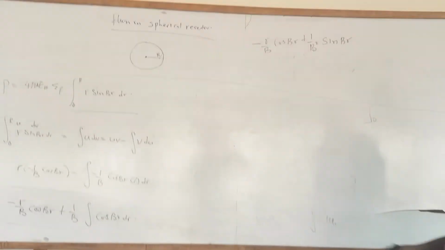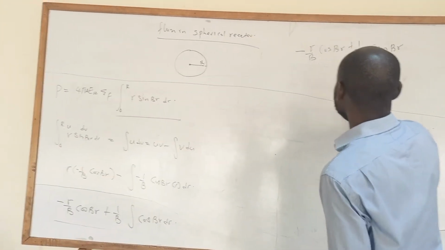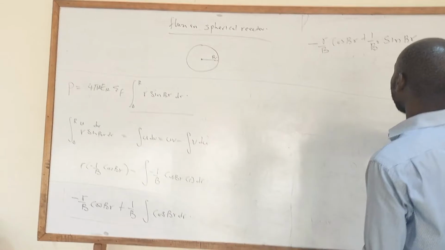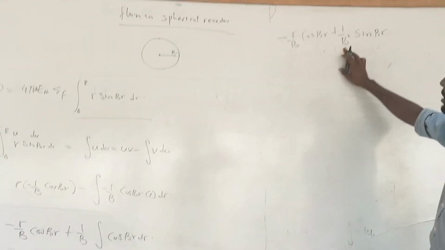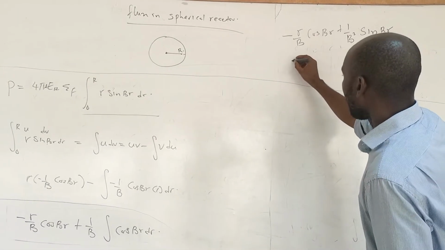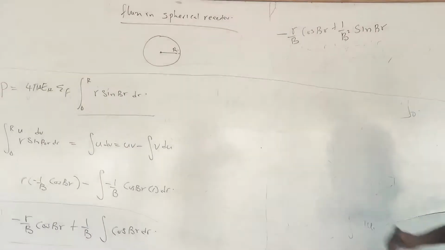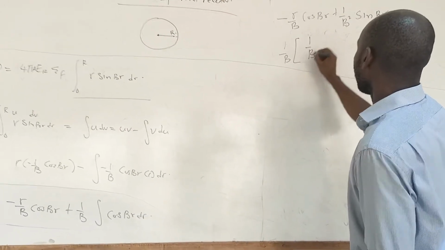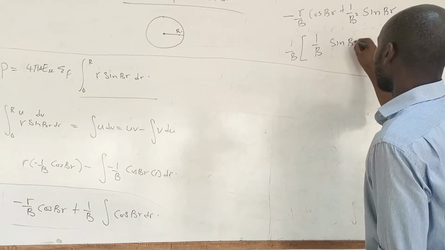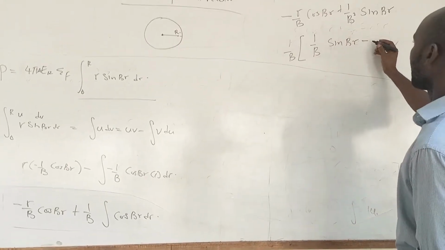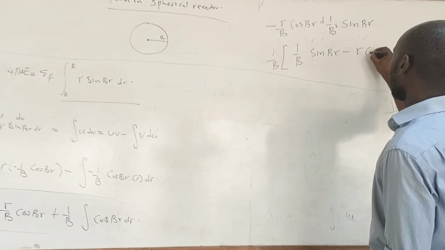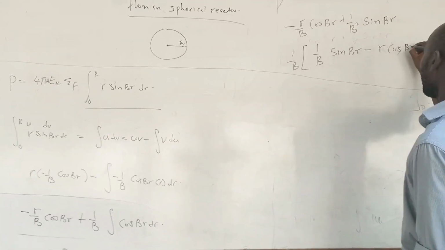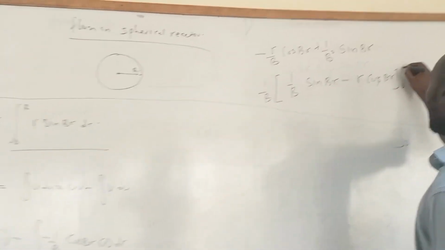So this one we can take 1 over B out. Should it not be minus? No, not minus. 1 over B squared, sine Br minus Br cos Br, from 0 to R.